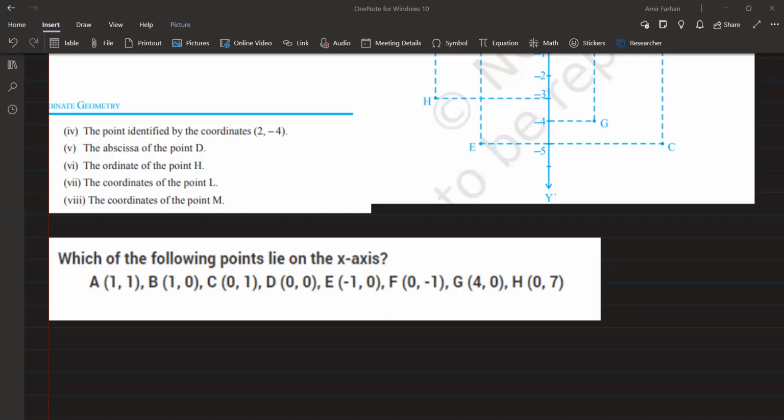If you're done, do the next question, because I've dedicated this class only for numericals, because coordinate geometry has numericals.